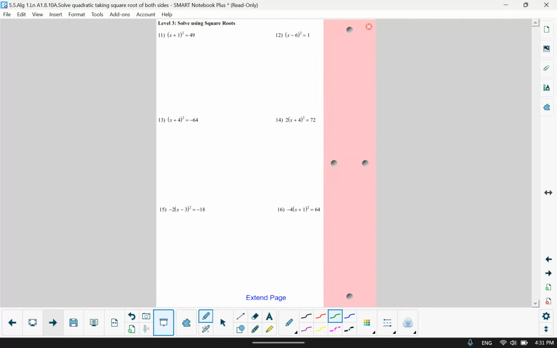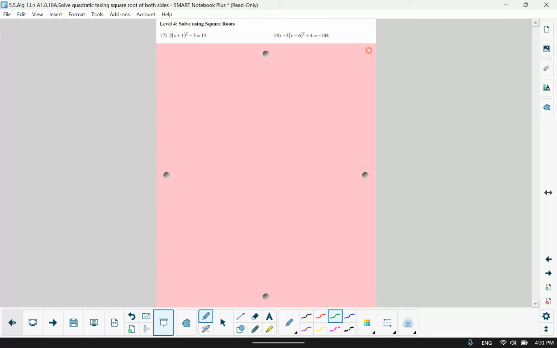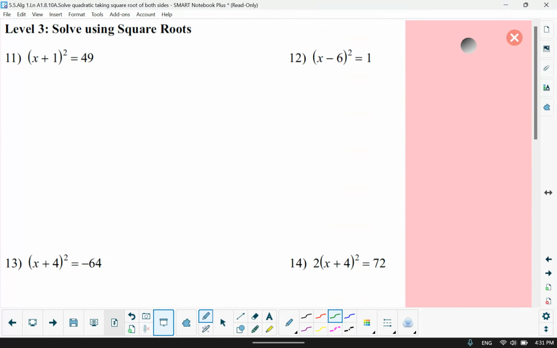On to level 3, and then if you are ahead, you can fast forward through this part of the video. Level 4 is the toughest of the tough with some challenges at the bottom. Again, we are asked to solve for x. Again, we have this second power up here. Now, I want to get rid of the 1, but the 1 is grouped. Everything is grouped together in parentheses.